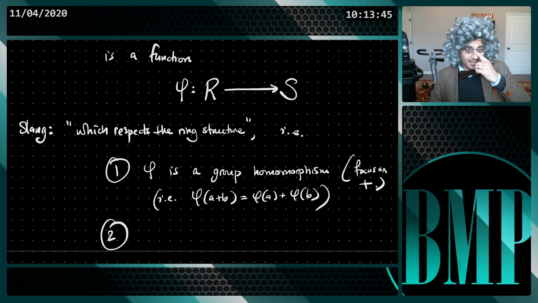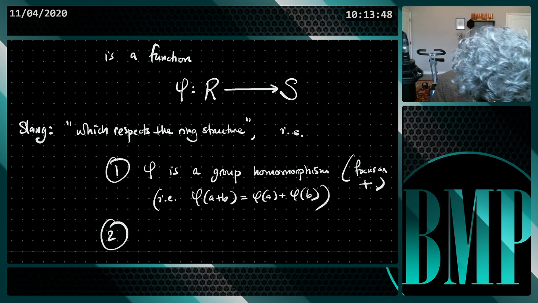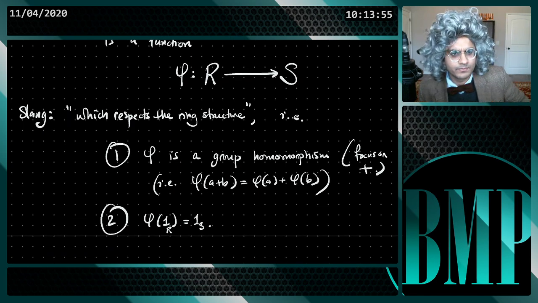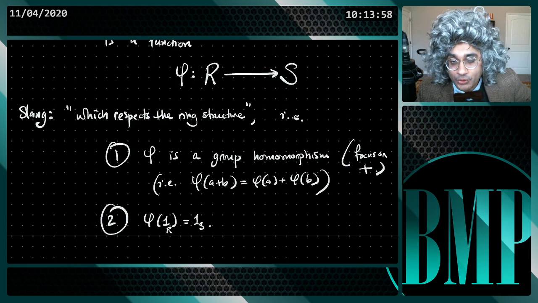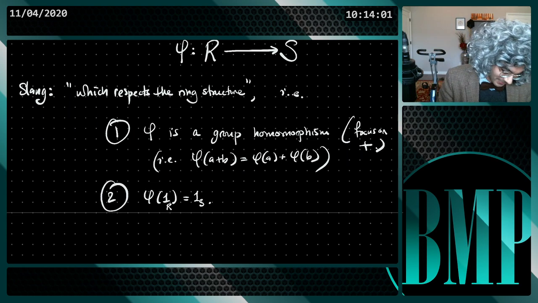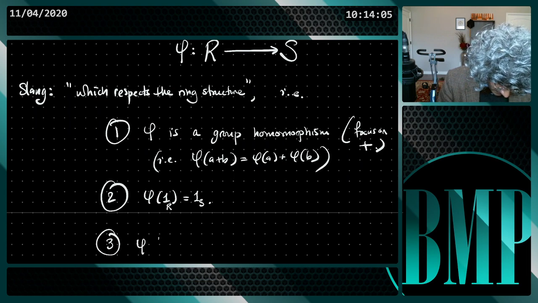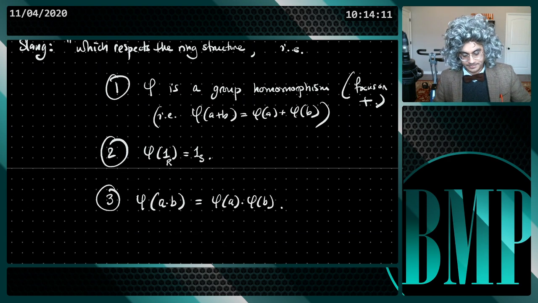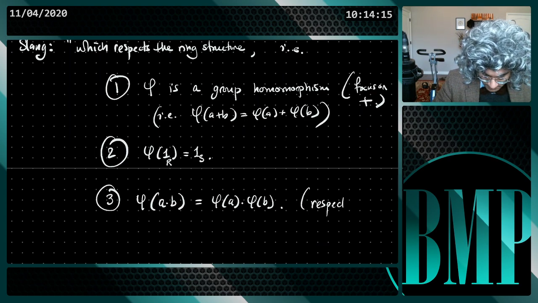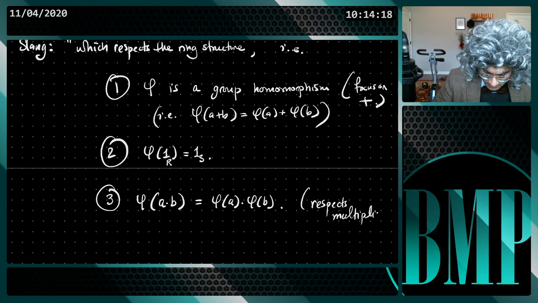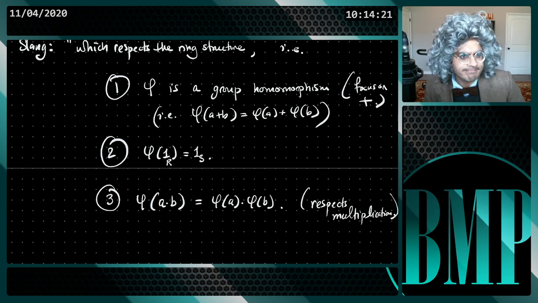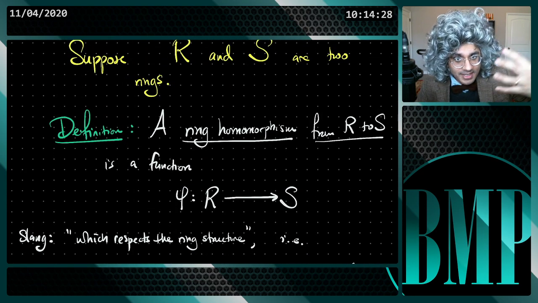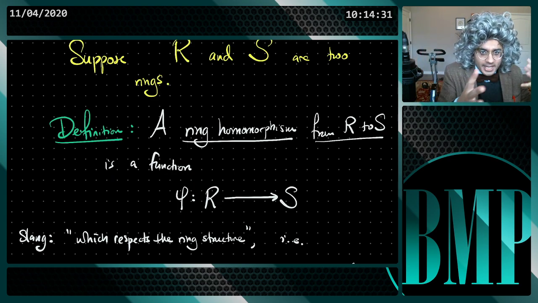Two, phi of 1 is 1. And then it respects multiplication.